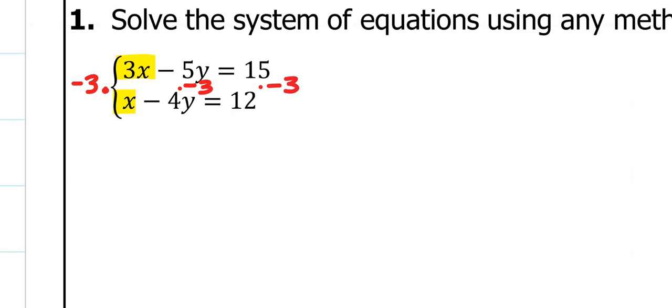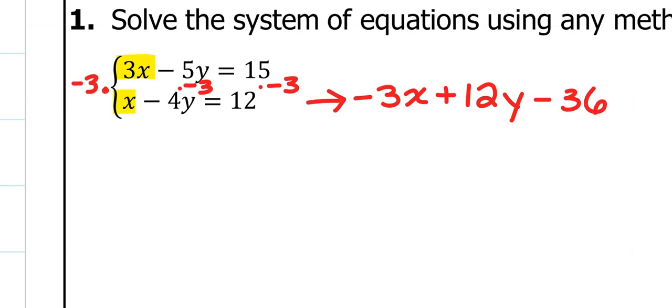This way, you're not changing the value of the equation, you're just manipulating it by using the multiplication property of equality. So, as a result, if I multiply everything by negative 3, I'm going to get negative 3x. Negative 3 times negative 4 is a positive 12y. And then 12 times negative 3 is negative 36.